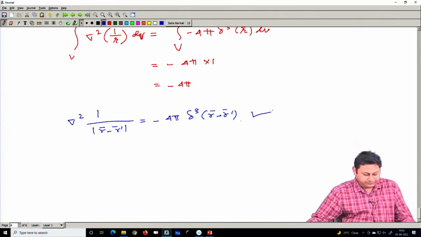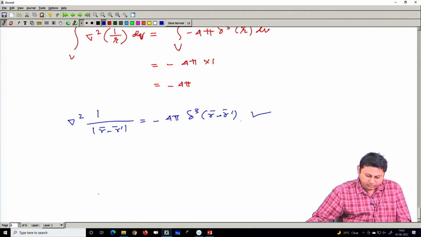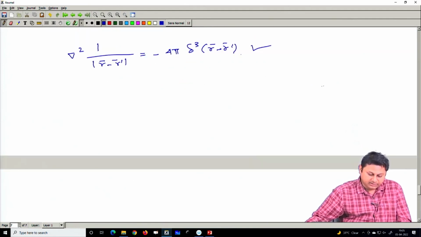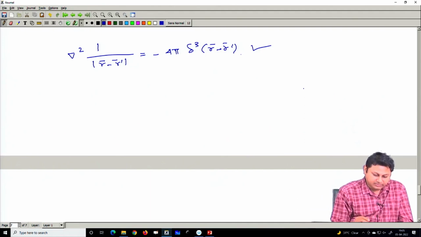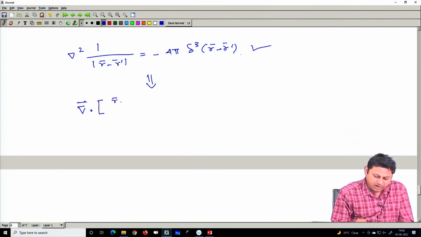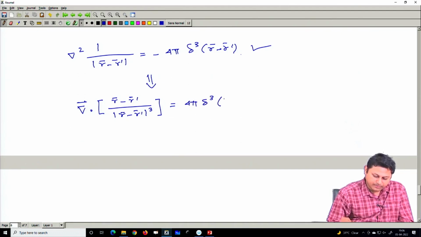Okay. And also from that we can write another thing, that it is consistent that del, if I take a divergence of this quantity, r minus r prime divided by mod of r minus r prime cube, then that quantity should be 4 pi delta cube r minus r prime.